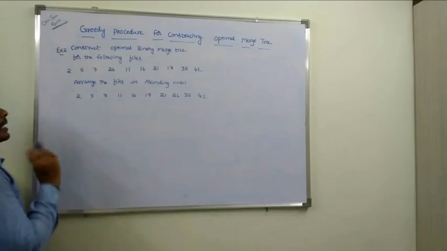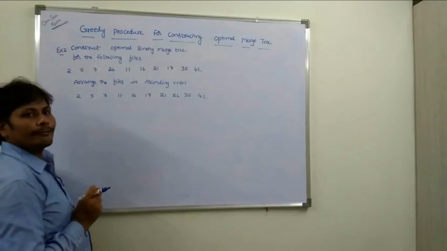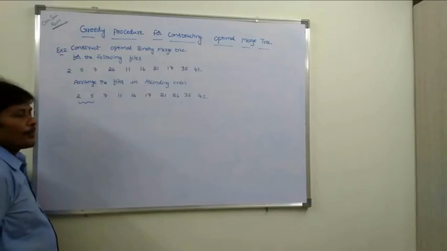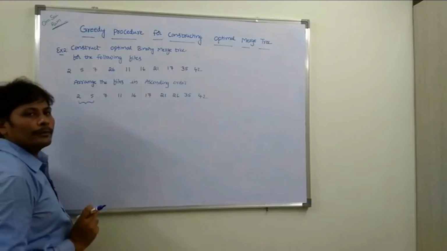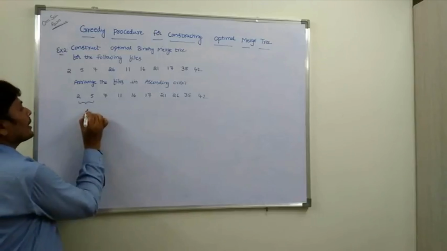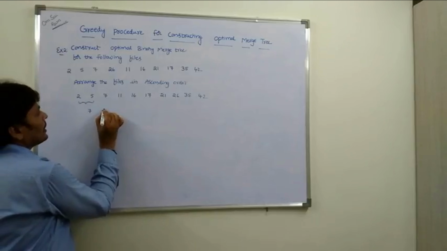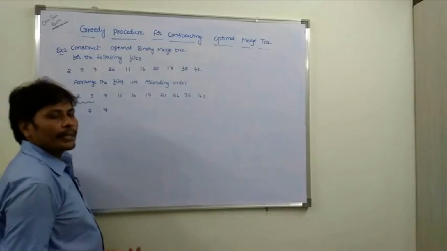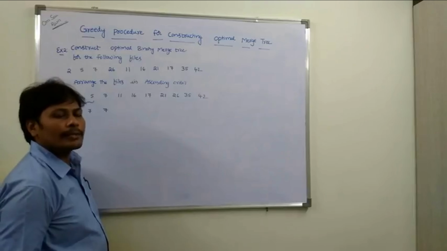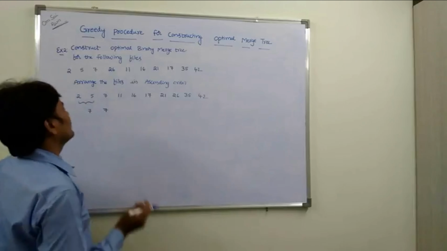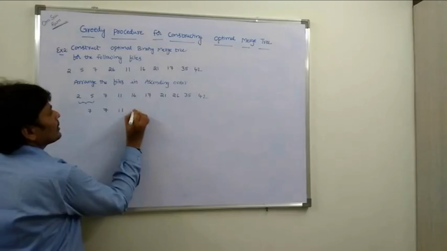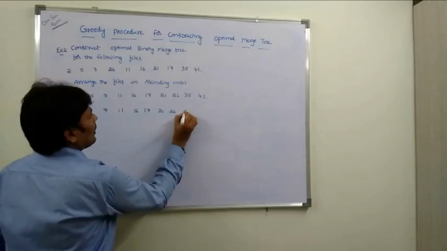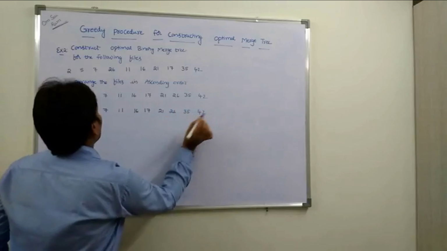First, we select the two smallest sized files, that is 2 and 5. After merging 2 and 5, 2 plus 5, we get 7. Now 7 is inserted into the sorted list at its correct position. So the new list is ... 42.